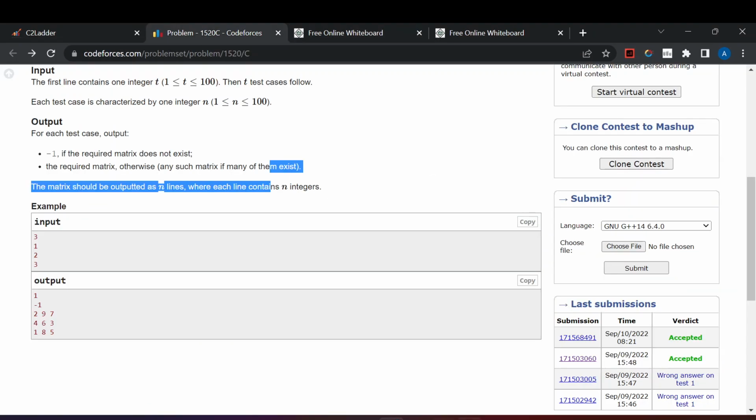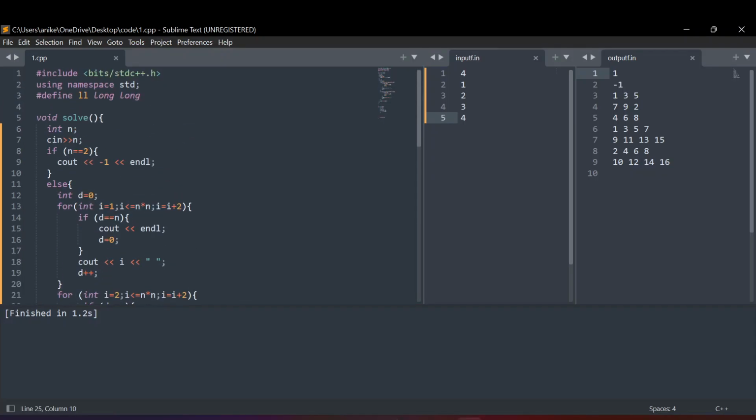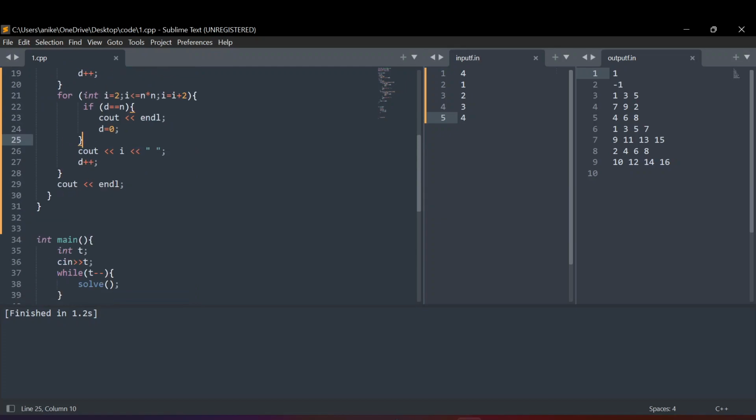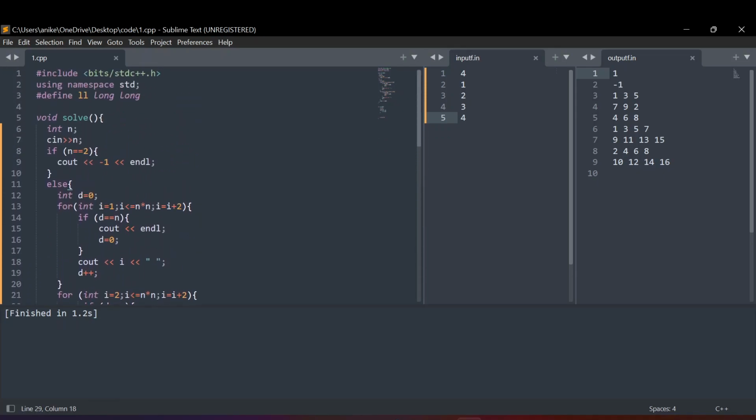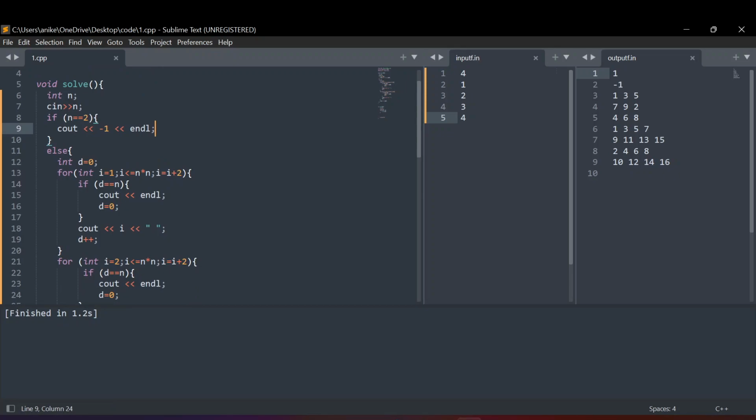So let's see the code for this. I'm taking integer t, and while t minus minus I have written a function solve which will take an integer n, and if n is equal to 2 it will just print -1. And else I'm declaring an integer d equal to 0, and first I'm printing all the odd integers.